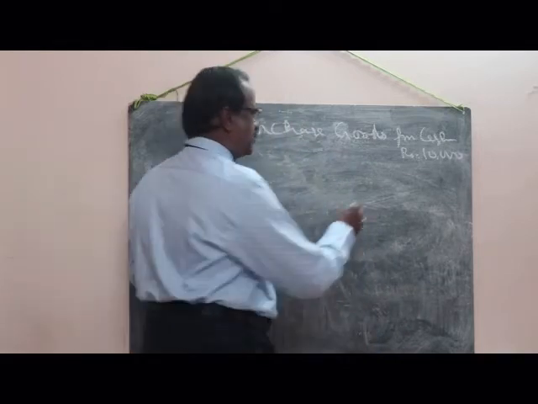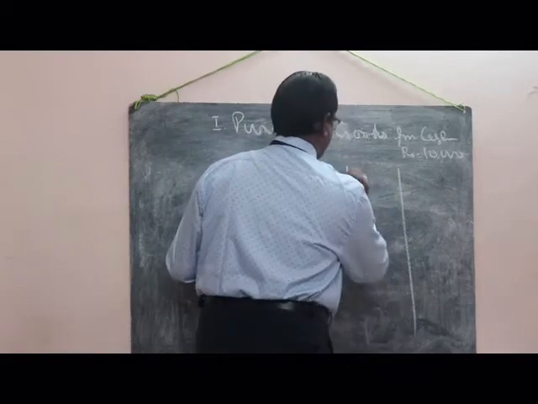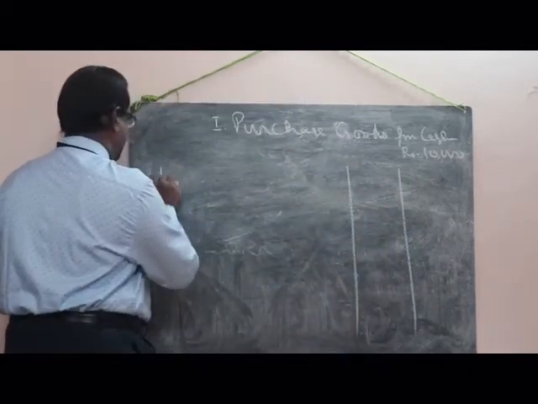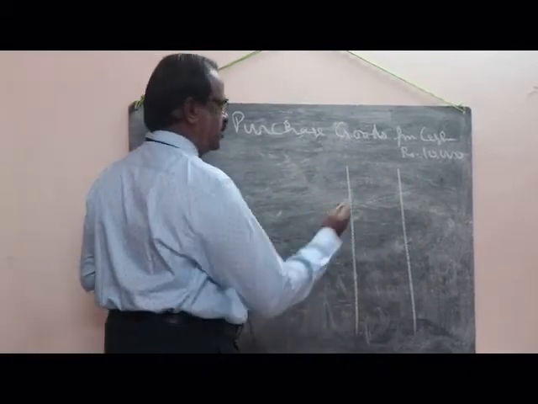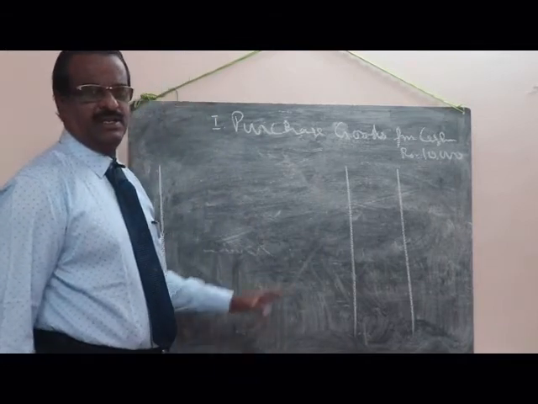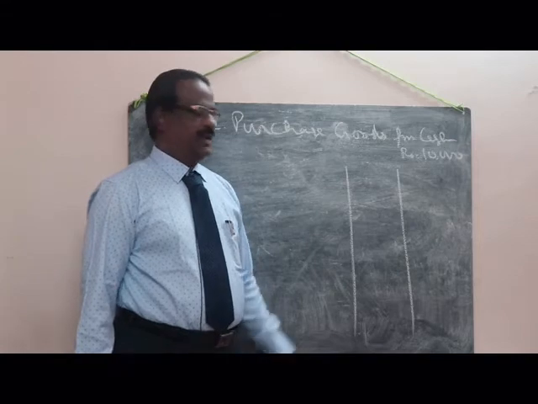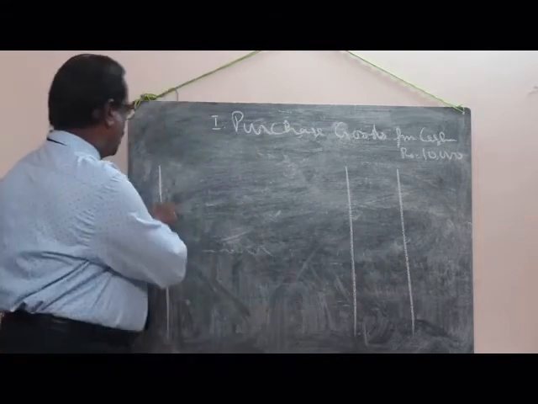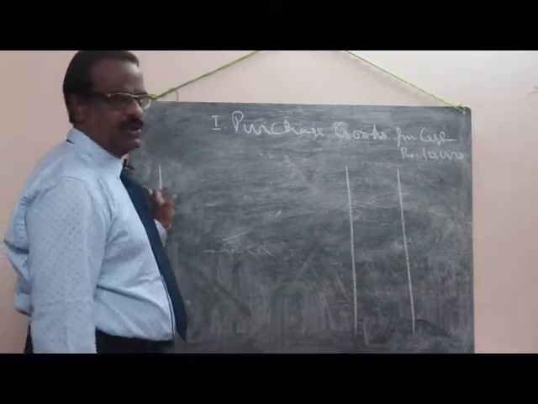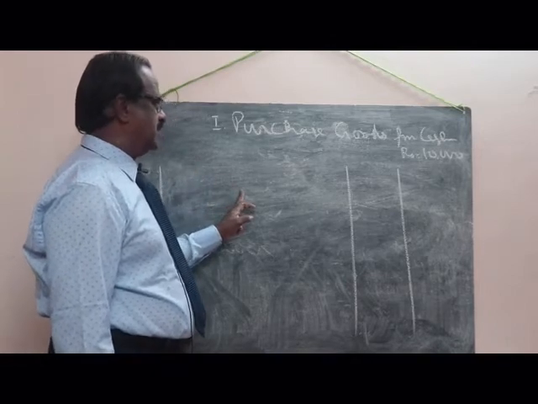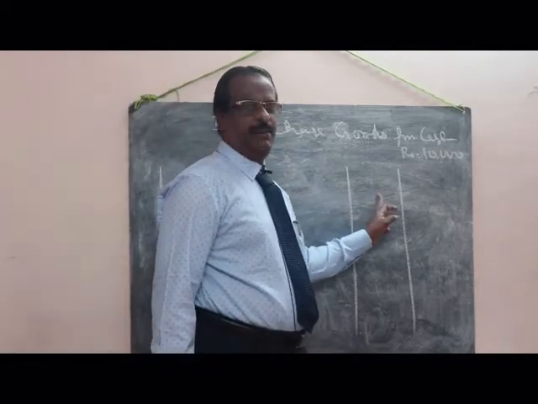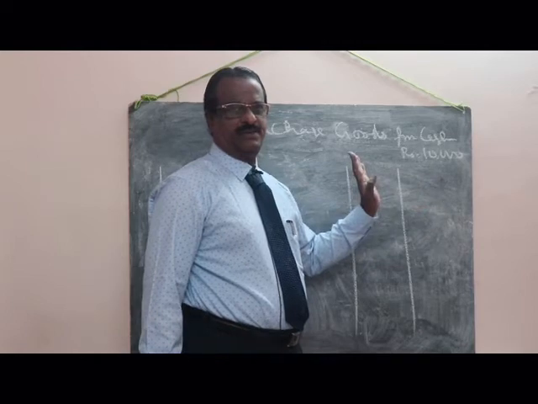So we can easily write the journal. Right. How to write journal? In accountancy, there are 2 sides, but in journal you must pass only one side. In one side, this column is called the date column. This is particulars. This is debit. This is credit.